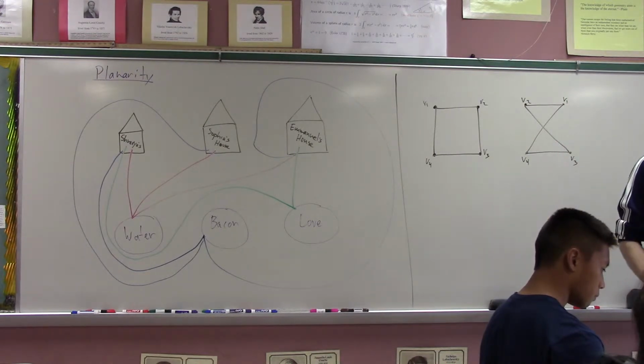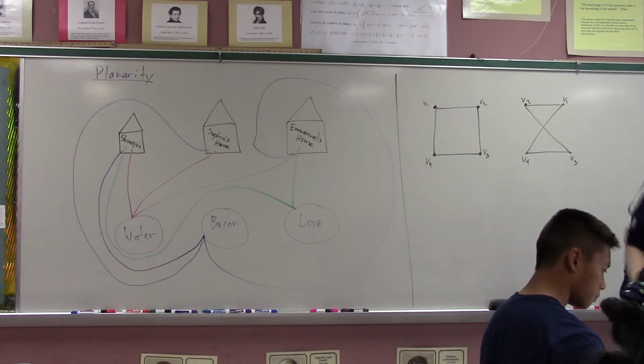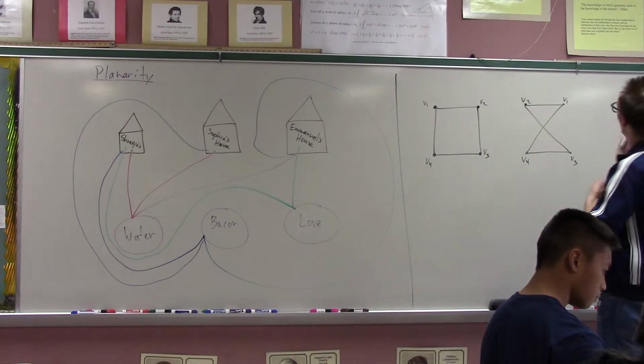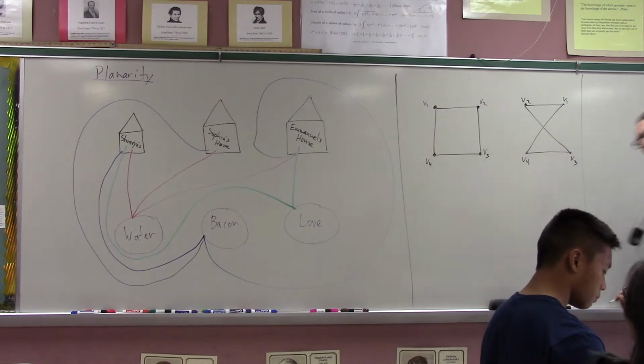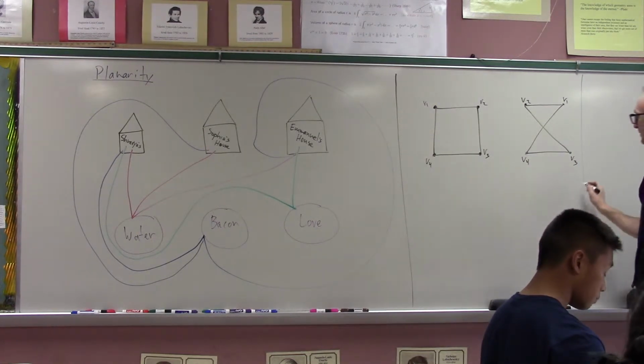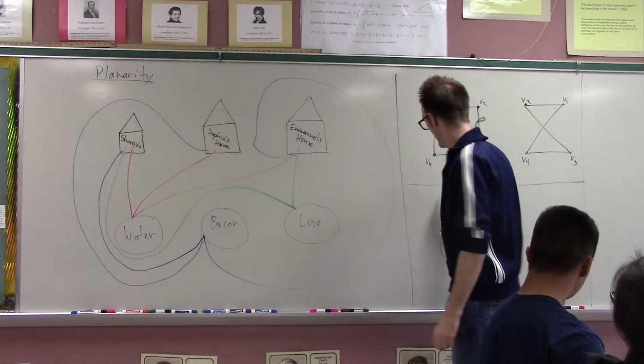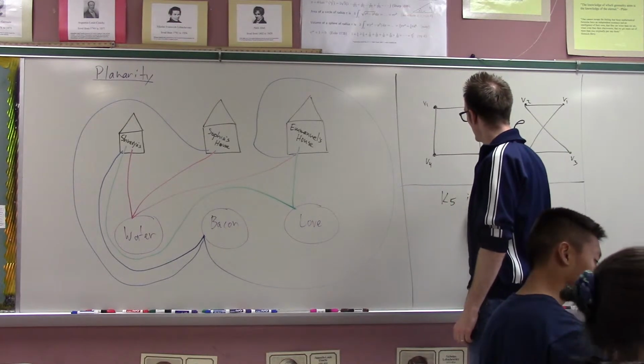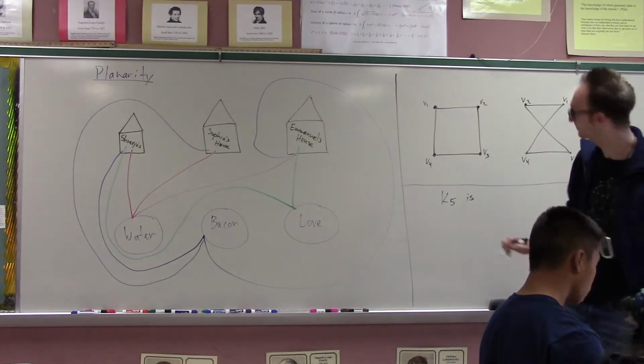Okay, so there's a million questions that you might have now about geometry issues. So maybe we'll just let them come up organically. All right, good. There are three big theorems about planarity, two mini theorems and one big theorem. Ready? One, K5 is not planar.